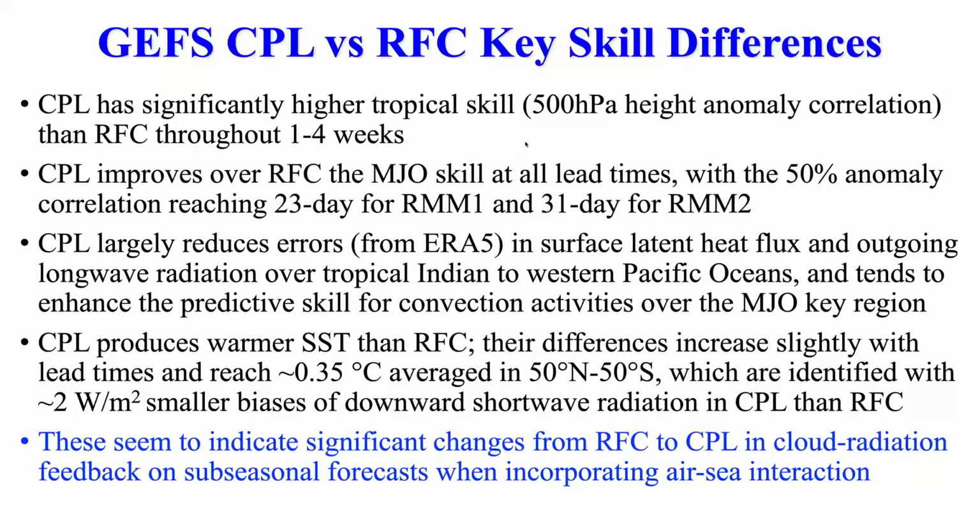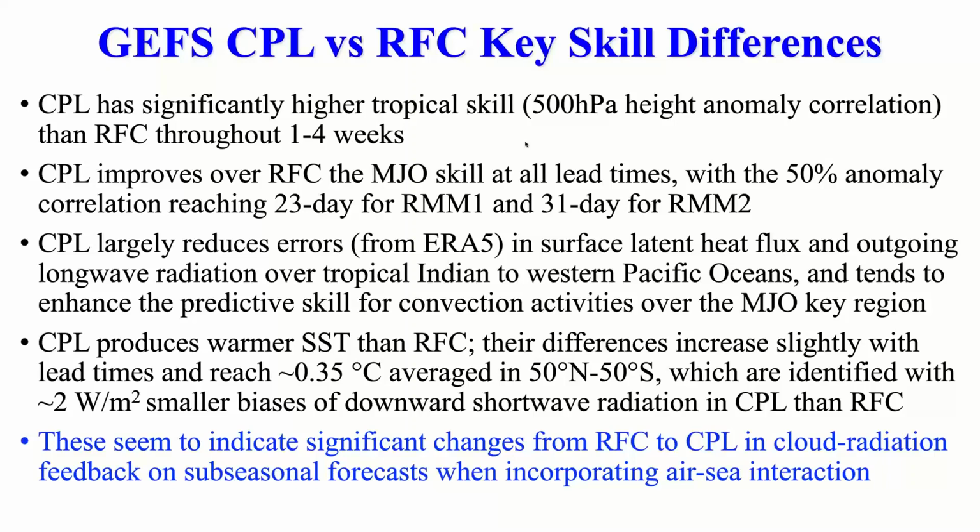So this tends to enhance the predictive skill for convection activity over that area. Another thing we need to bear in mind is that the CPL produces warmer SST, slightly warmer than IFC. The differences increase slightly with lead time and can reach about 0.35 degrees averaged over 50 north to 50 south, which is about 2 watts per meter squared difference in downward radiation.